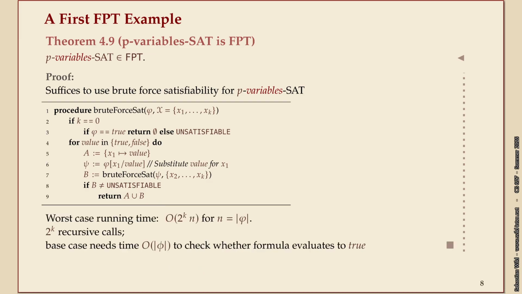If you analyze this, then the worst case running time is the time we need for the base case. That dominates. That's linear in the size of the formula. And the number of recursive calls that we make is 2 to the k in the worst case. We might stop earlier if one of the recursive calls already returns a satisfying assignment. We wouldn't actually try the other option. So it might terminate early, but at most it's 2 to the k recursive calls.